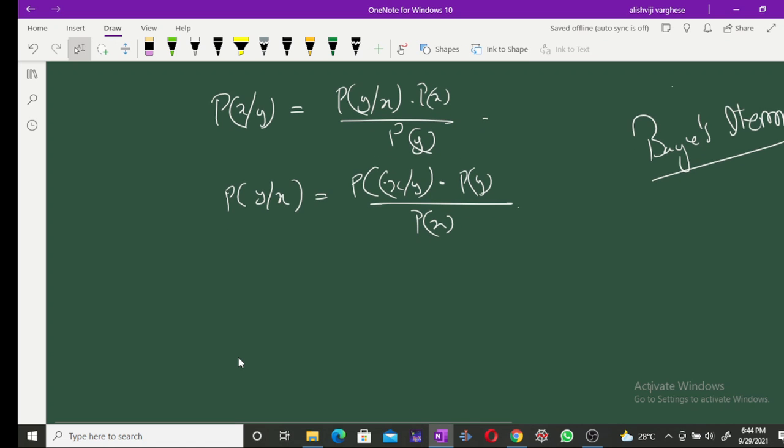So these two results are very useful in our machine learning process. The conditional distributions are very much applicable in machine learning process. So that's about Bayes theorem.